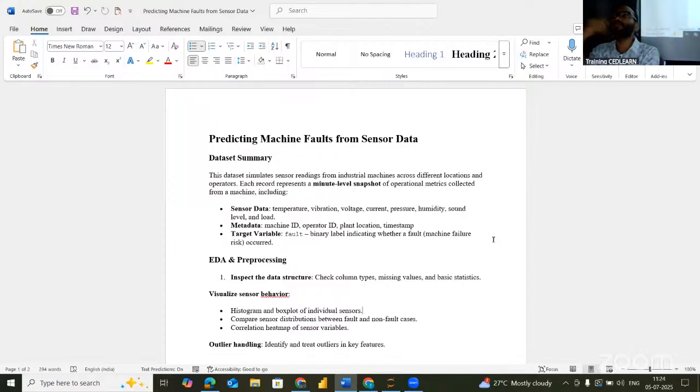Maybe there is a chance where a person might enter his salary as negative, and we don't have any clue. It is like 5 lakhs or 10 lakhs, but we just mistakenly added minus 5 lakhs.